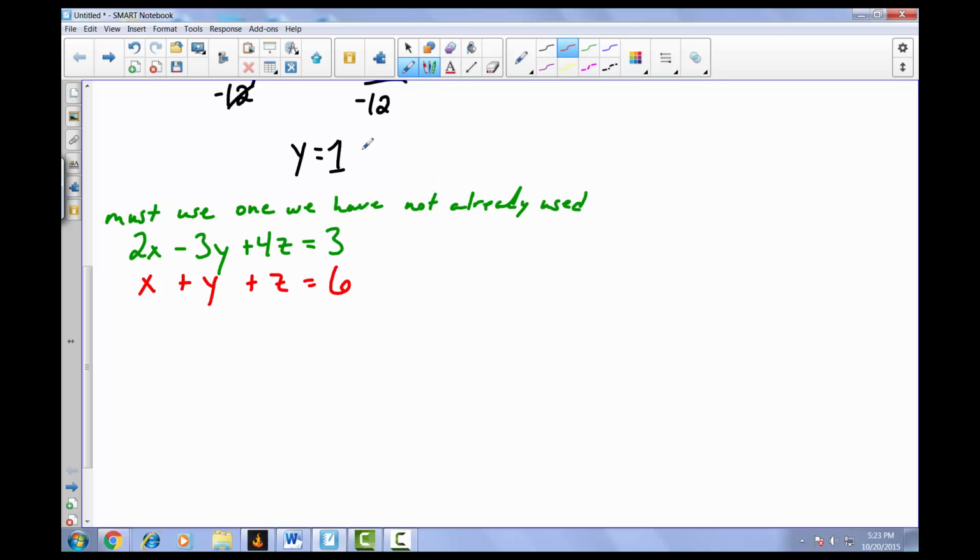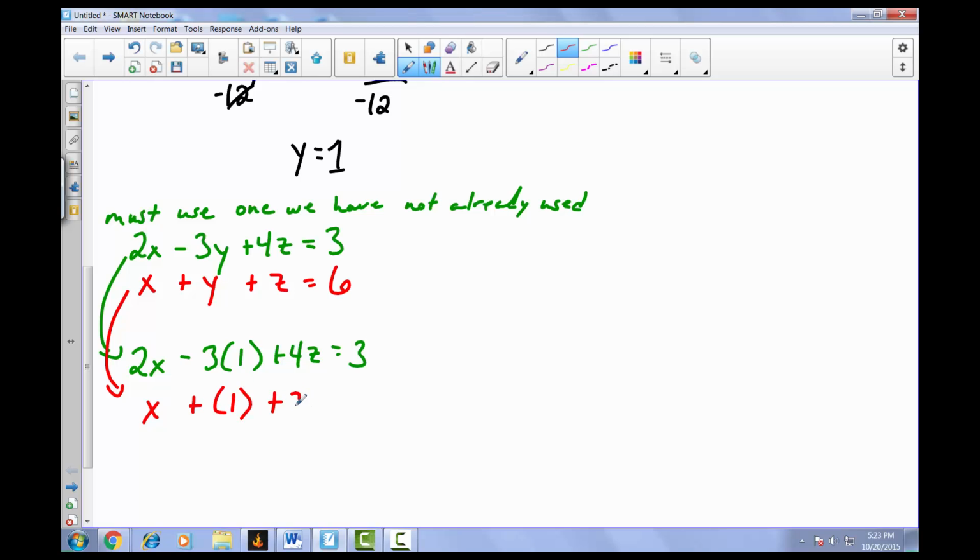Luckily, we already found out what y was. It came out to be 1. So when we substitute that in, we have 2x, we don't know what x is yet, minus 3 times 1 plus 4 times z, we don't know what z is either, is equal to 3. For our red one, we can do the exact same thing, throwing in 1 for y. We have x plus 1 plus z is equal to 6.